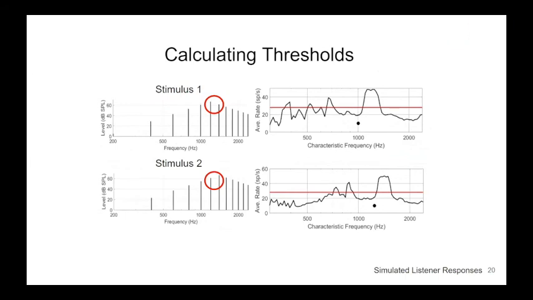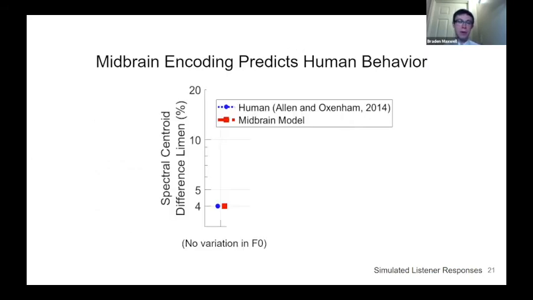Thank you. So yeah, basically we just put the model in the same situation as the listeners, and asked it to give us a centroid estimate. And when we do that without any variation in fundamental frequency, the model actually does a really good job of arriving at the same threshold as the human listeners in their study.